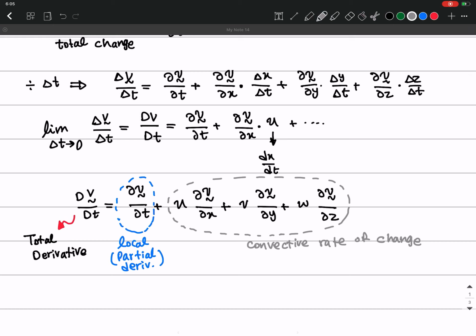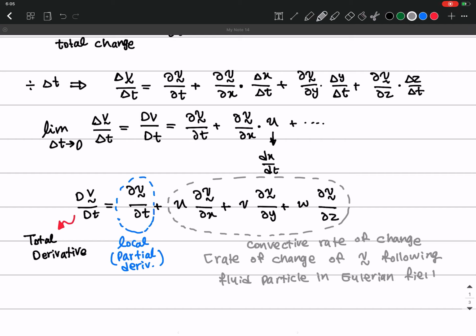And this term is actually the rate of change of v following a fluid particle in the Eulerian field. So what does this mean?